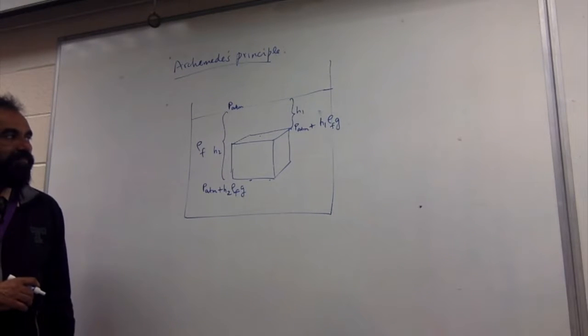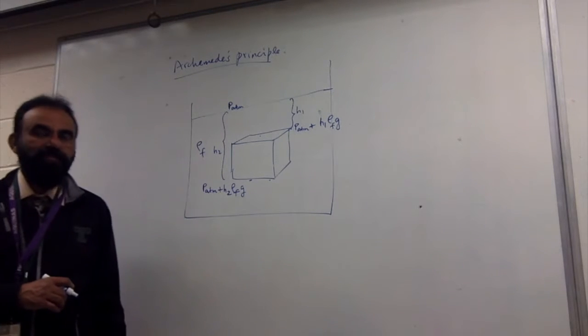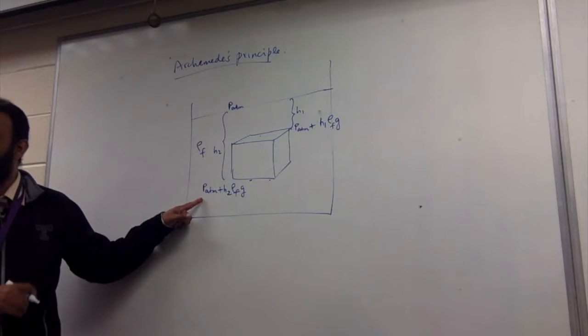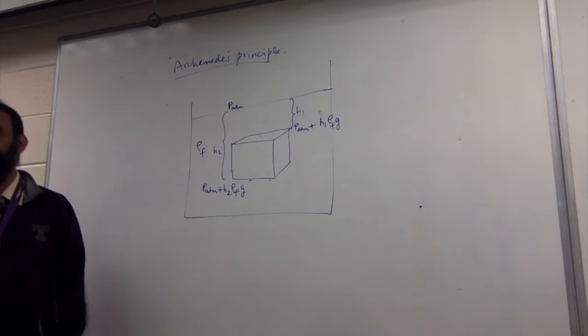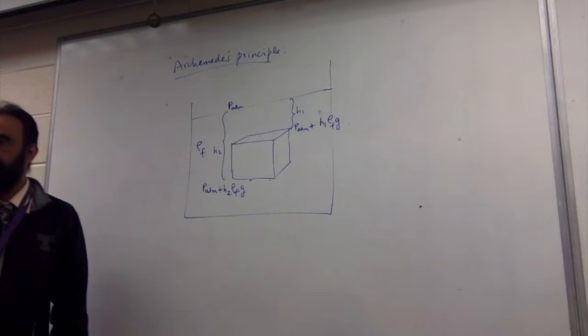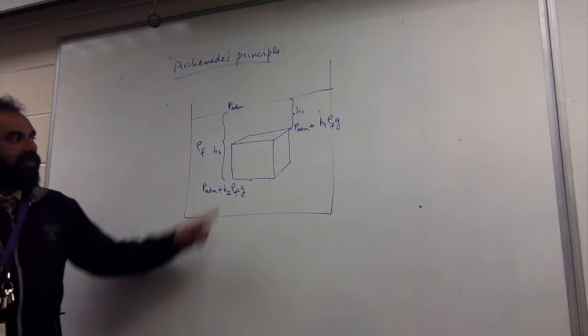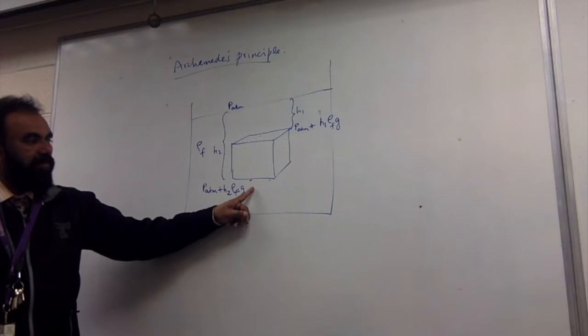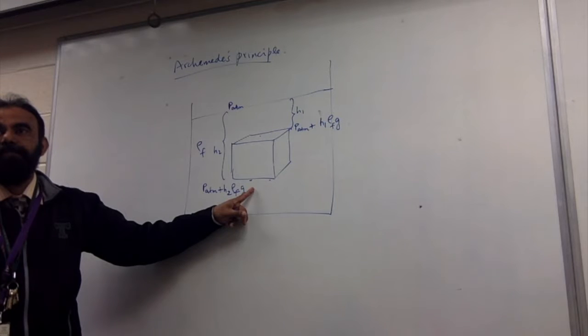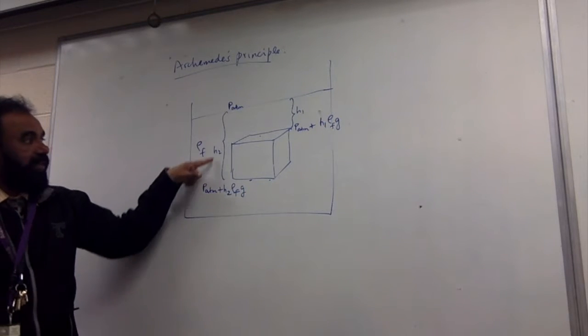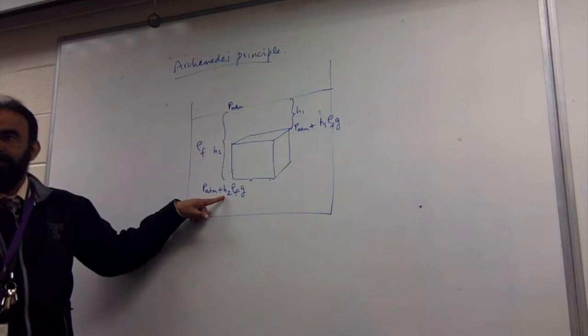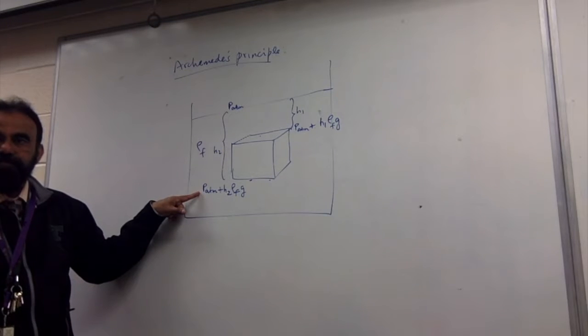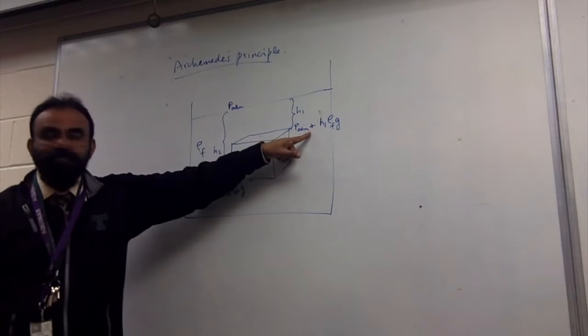You understand this? Where's the pressure higher? At the top or at the bottom? Bottom. Look at the height. This is the pressure at the bottom, and that's the pressure at the top.